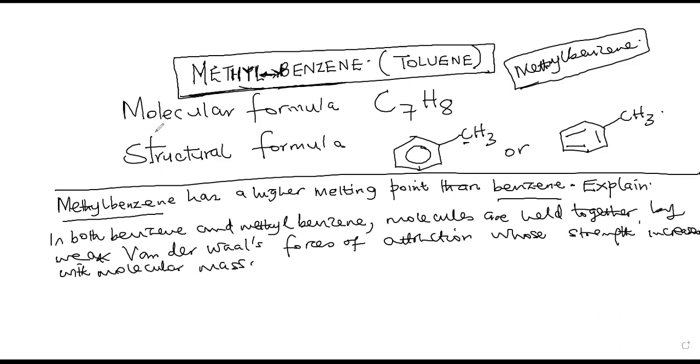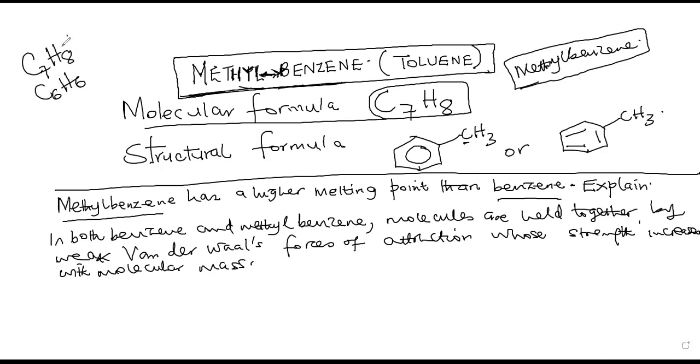Now, from the molecular formula, you can easily calculate the molecular mass because for methylbenzene it is C7H8, while for benzene it is C6H6. On comparison, you can see that the molecular mass of methylbenzene is higher than that of benzene itself.